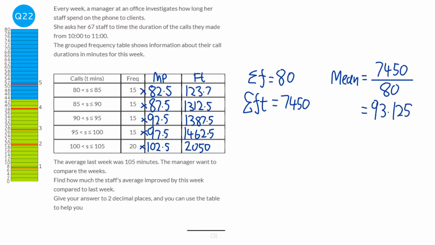93.125. Now this question is about the improvement that the manager has made, the call centre's made. So we're looking at subtracting the 93.125 away from the last week, which was 105. So we're looking for improvement.